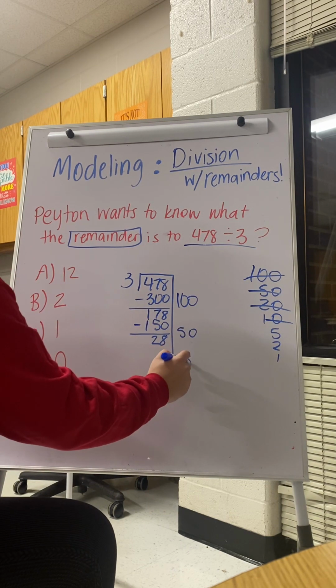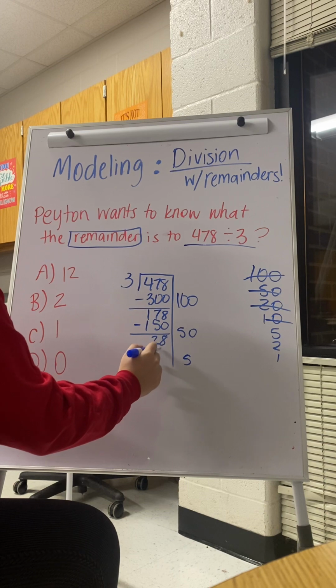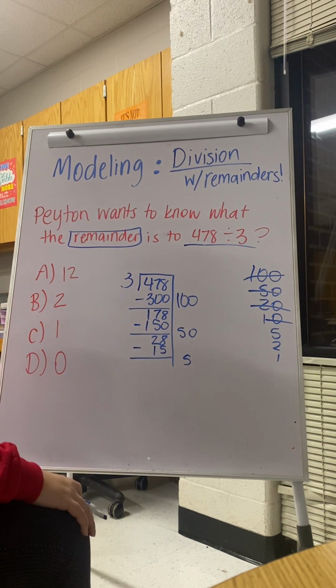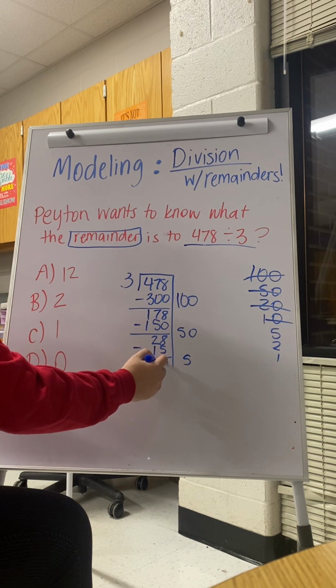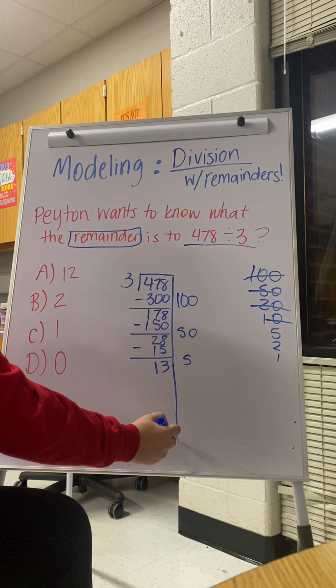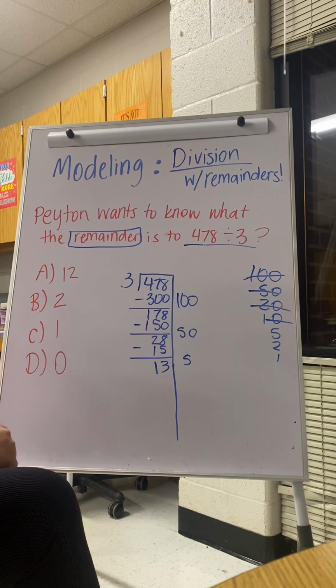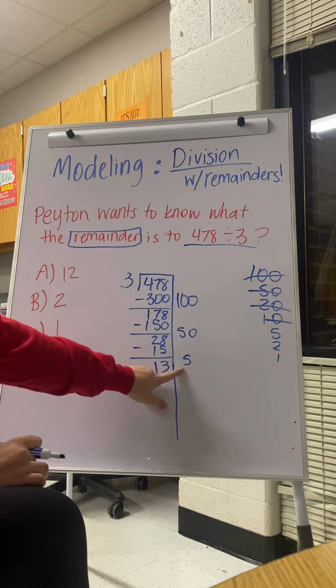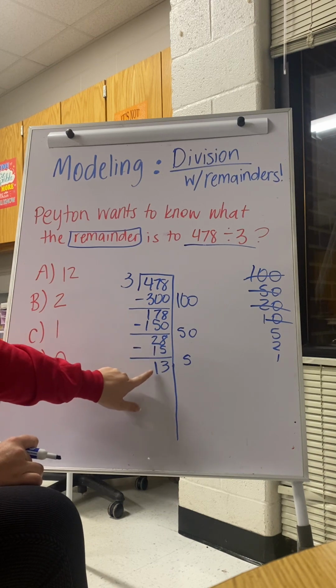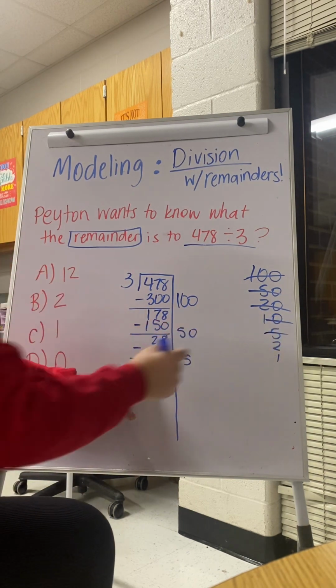5 groups of 3, 5 times 3 is 15, so I can take that out. 8 minus 5 is 3. 2 minus 1 is 1, so look at there, boom. We're getting really close, and you can always bring this down if you need to, it's like a workspace. So now I can't do 5 groups of 3 again, that's 15, and just be a little bit over, so we can move down to 2s.